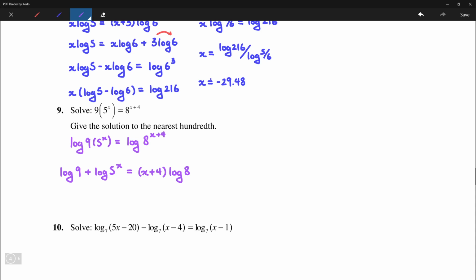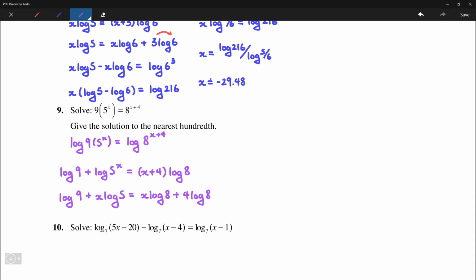So once we have done that, we can apply the distributive property on the right-hand side and also the power rule on the left-hand side. So we have x log 5. And then on the right-hand side, we have x log 8 plus 4 log 8.